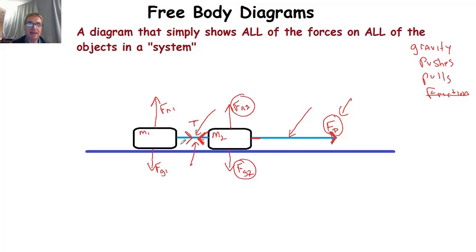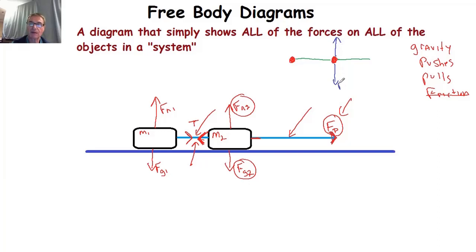Does it have to be like this? No. Some people will create a free body diagram and replace the objects with dots. And we may draw our cables in with green lines here. And we may label our forces like this.